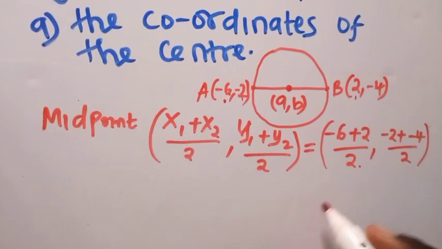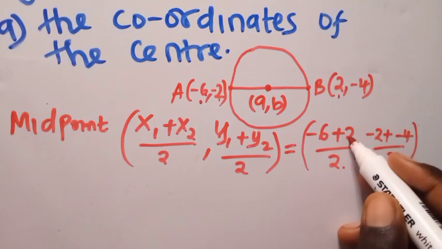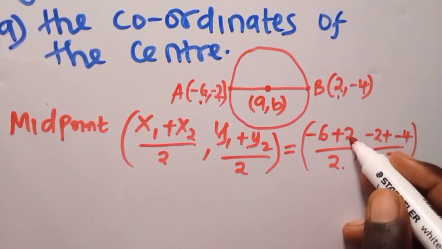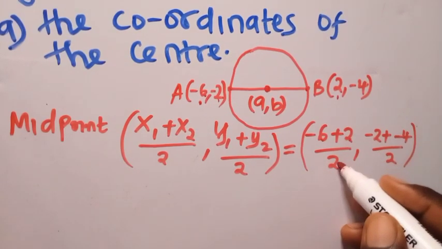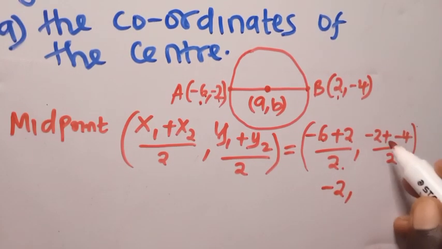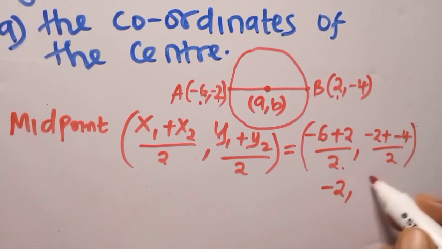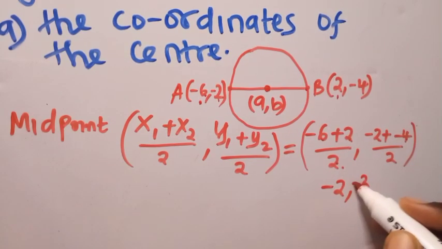Then at that point, we shall have -6 plus 2 is -4, divided by 2 is -2, then comma, -2 plus -4 is -6, divided by 2 is -3.